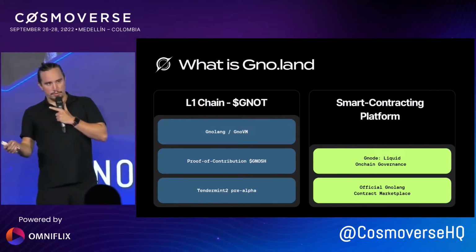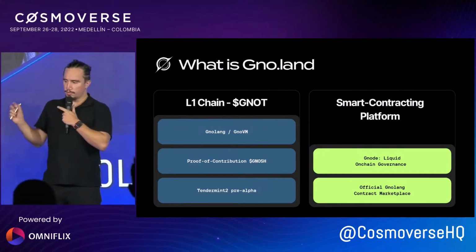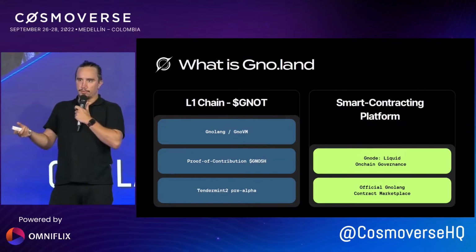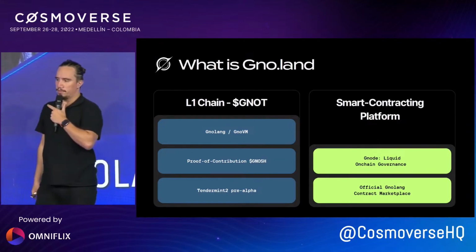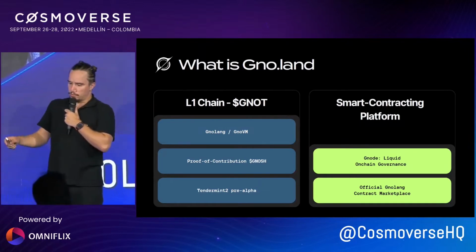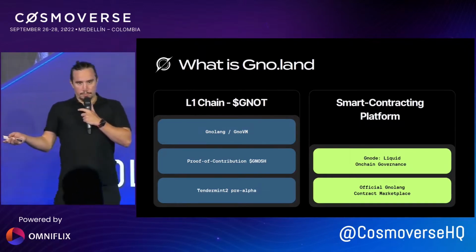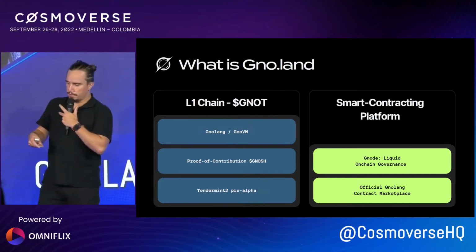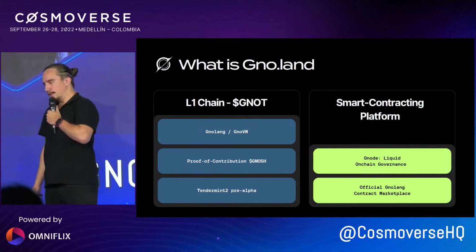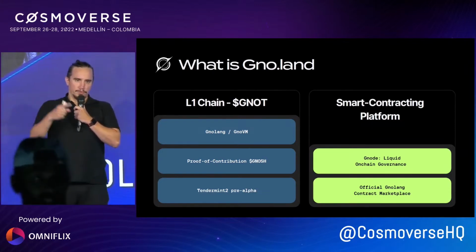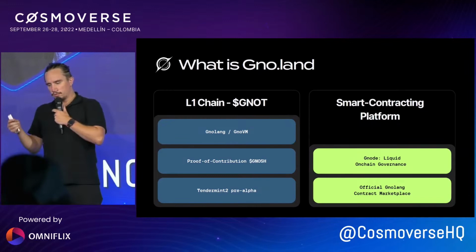Gnoland is also a community and a platform, so not only a blockchain. The community is mostly building contracts to govern Gnoland and the platform and the ecosystem around Gnoland. So this is the Gnode. Gnode is our approach to manage DAOs that we will use to manage ourselves. And Gnoland will be kind of the hub of other Gnolang chains for two things.